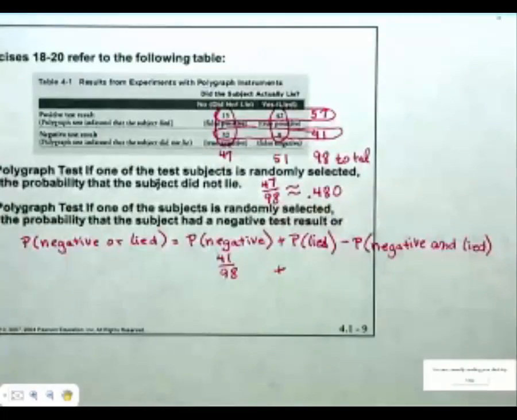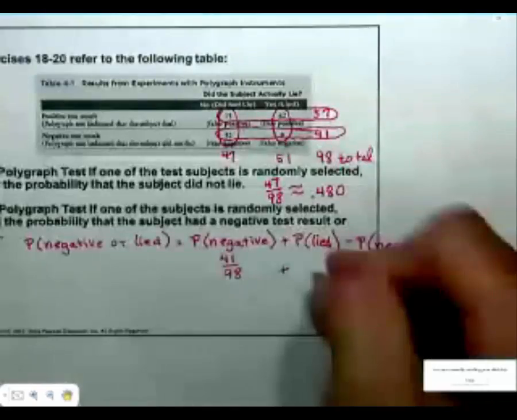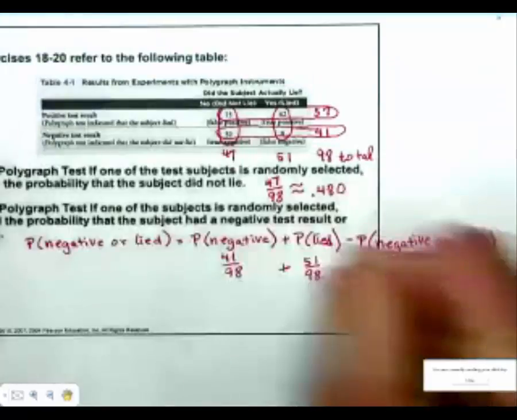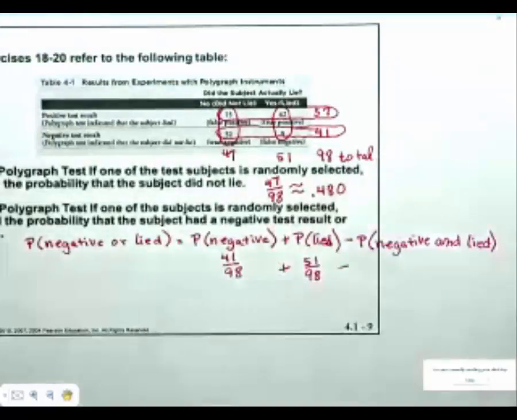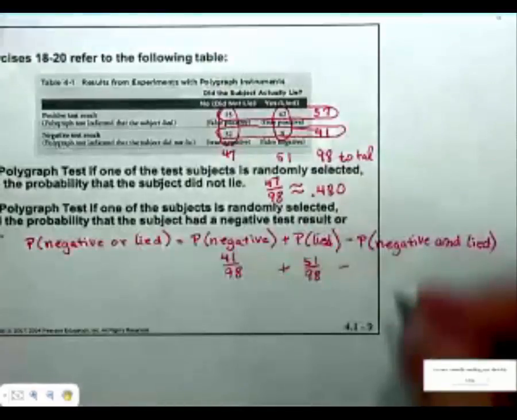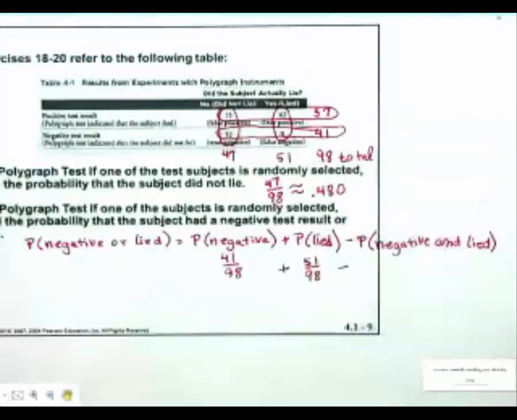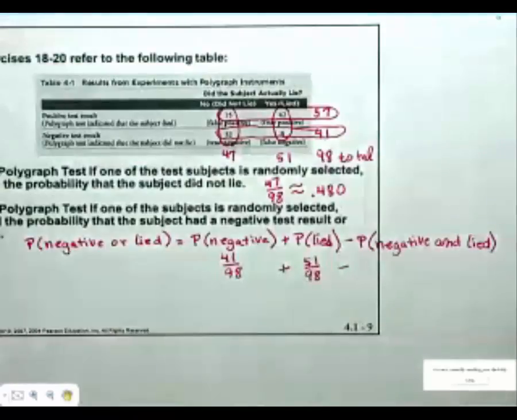Liar, liar, pants on fire. That's these guys right here, 51. So the probability of picking someone who lied is 51 out of 98. But then how many folks got counted twice? 9. Just these 9 right here that were in the lied column and were also in the negative row. So I have to subtract off those 9.